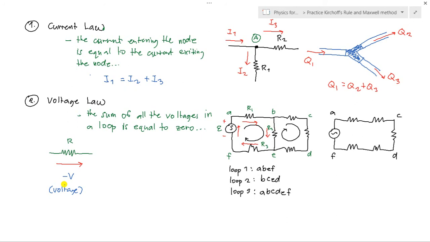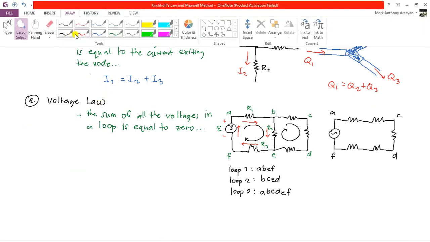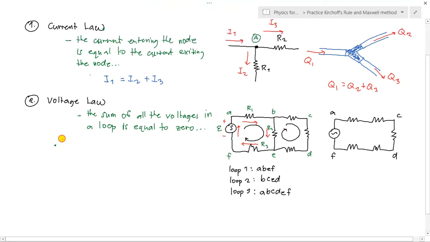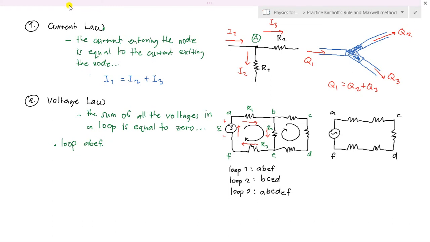So here in our example, let's say our focus is the first loop, loop A B E F. For A B E F we have resistor R1.